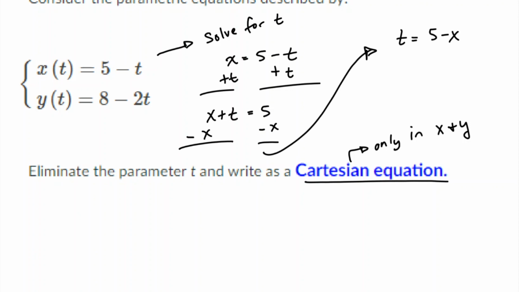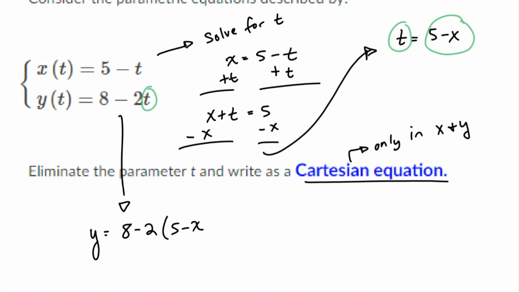Now this was helpful to us because now everywhere there's a t in the second equation, I'm going to substitute my 5 minus x, making sure to use parentheses so everything's properly copied. Y equals 8 minus 2, now here I'm going to do parentheses 5 minus x, and this ensures that I multiply the negative 2 to both parts of this term.